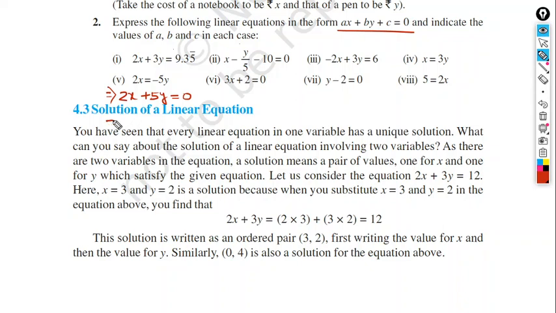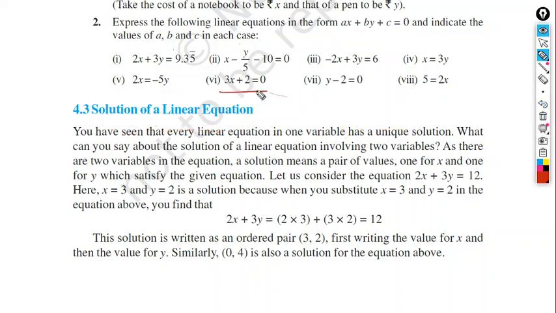Implies ax means 2 into x, it's already in the form, 2 into x, plus by means 5 into y, plus c means c is nothing, that means c equal to 0. So written in this form ax plus by plus c equal to 0, here a is 2, b is 5, c is 0. Okay, so write it like this: a equal to 2, b equal to 5, c equal to 0.